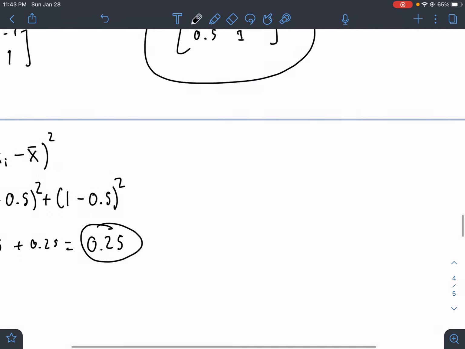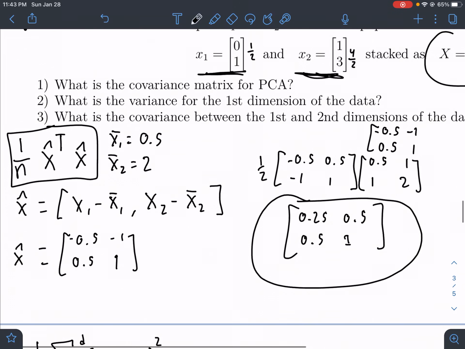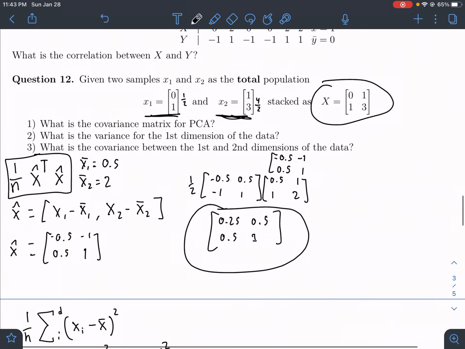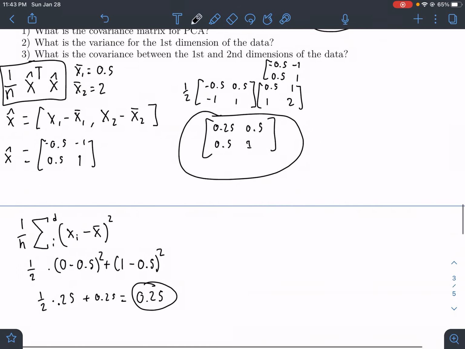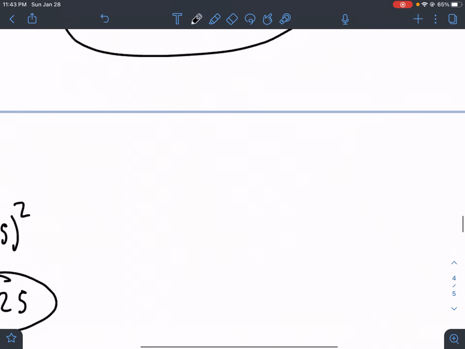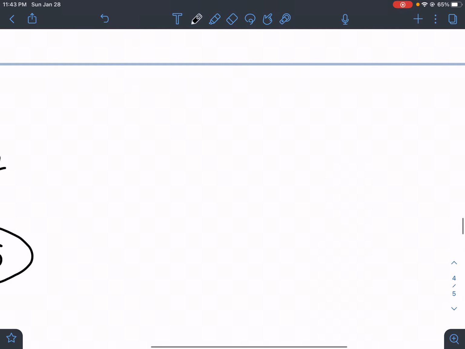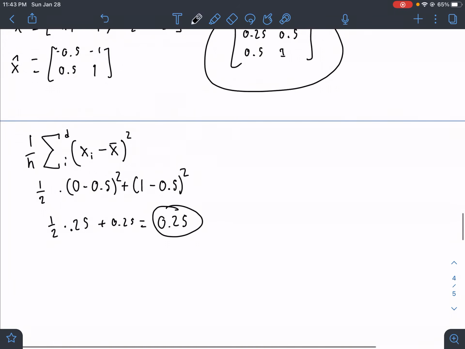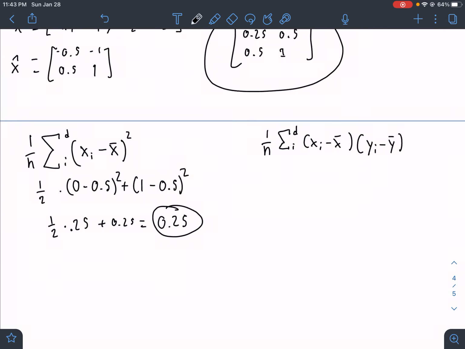Part 3 asks for the covariance between the first and second dimensions of the data. That is going to be the same formula, 1 over n, with the slight difference, which is x sub i minus x bar times y sub i minus y bar.